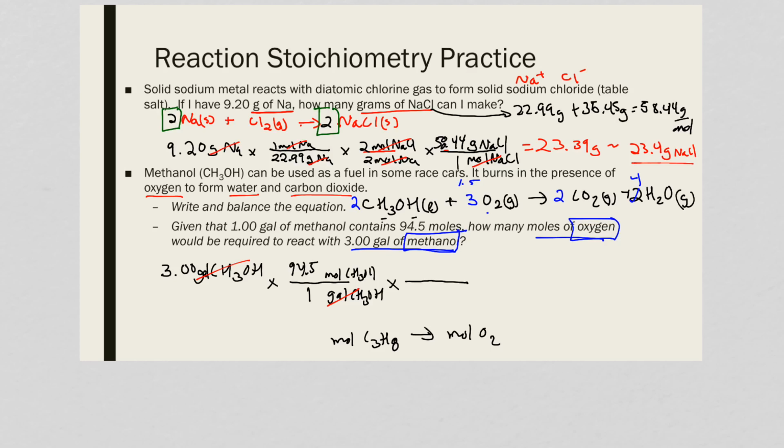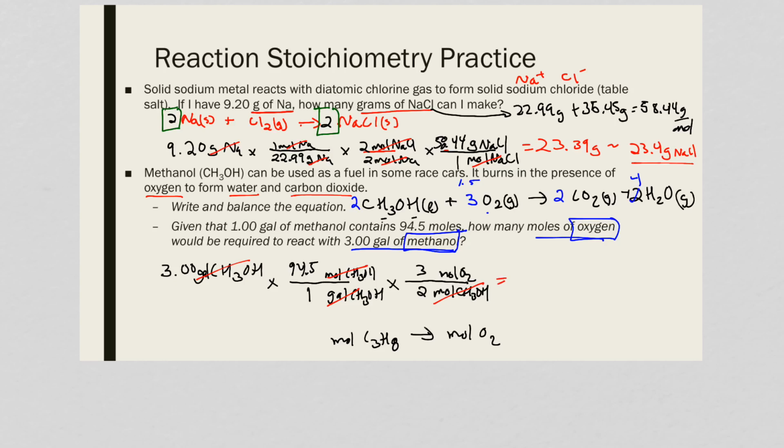So I'm going to want moles of oxygen on the top, moles of methanol on the bottom, and my equation tells me that there are 3 O2s for every 2 methanol. And in this particular problem, that's what it wanted. It wanted moles of oxygen, so I can stop here, right? Because my dimensional analysis tells me that I should end up with moles of oxygen at this point.